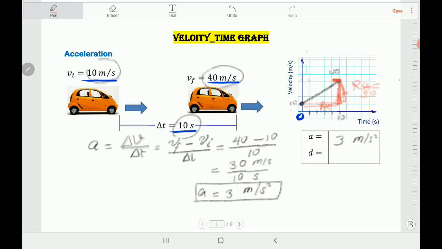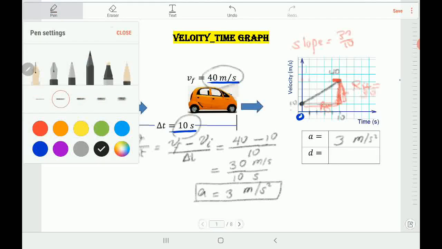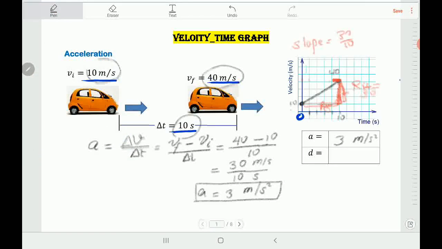So the slope in this case is equal to 30 over 10, which is equal to 3 meters per second squared again. So it's very important that we understand this point, how you can find the acceleration from the graph, and you can find it mathematically by this equation of the acceleration.